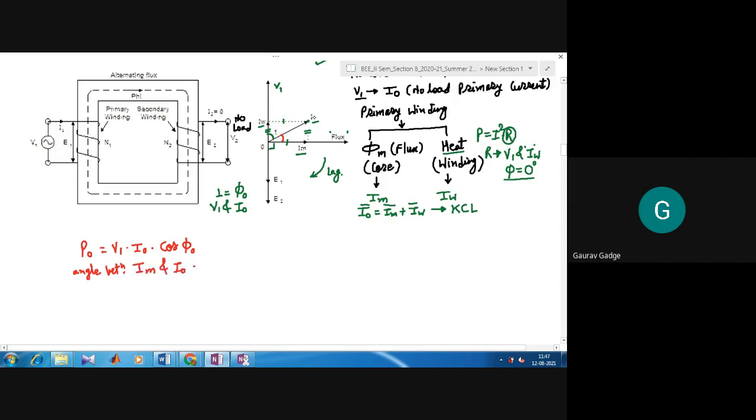Okay, I will clear that phase angle for you. Don't you think it is 90 degree minus phi naught? Because the phase angle between I naught and Iw is phi naught, and therefore the phase angle between I naught and Im is 90 minus phi naught.